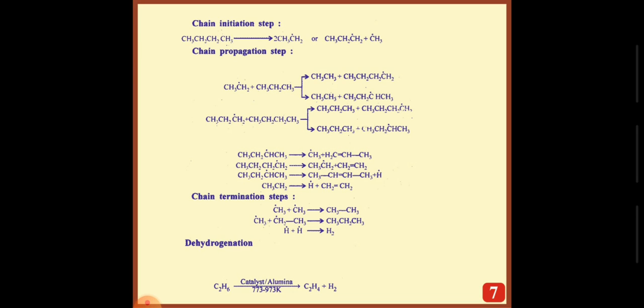When alkanes containing 6 or more carbons are heated in the presence of chromium, molybdenum or vanadium oxide at 673 to 973 degree K and at high pressure, aromatic hydrocarbons are formed. It is known as hydroforming or catalytic reforming.